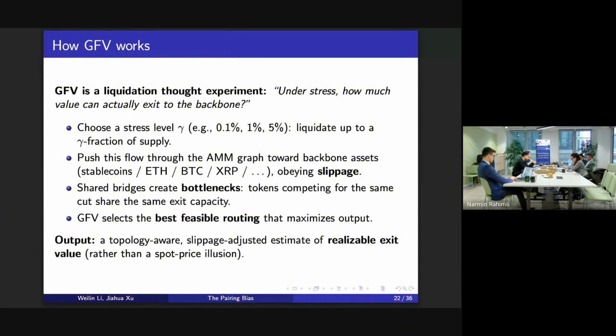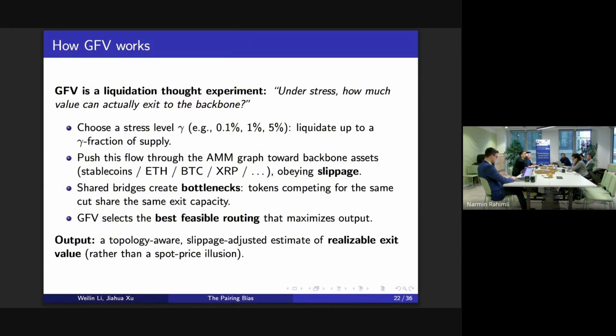So basically we assume, okay, 5% of the people are selling a token, or 1% of people are selling a token. Under this stress, how much can you really extract from this whole system? That's the natural language interpretation of this GFV operator.